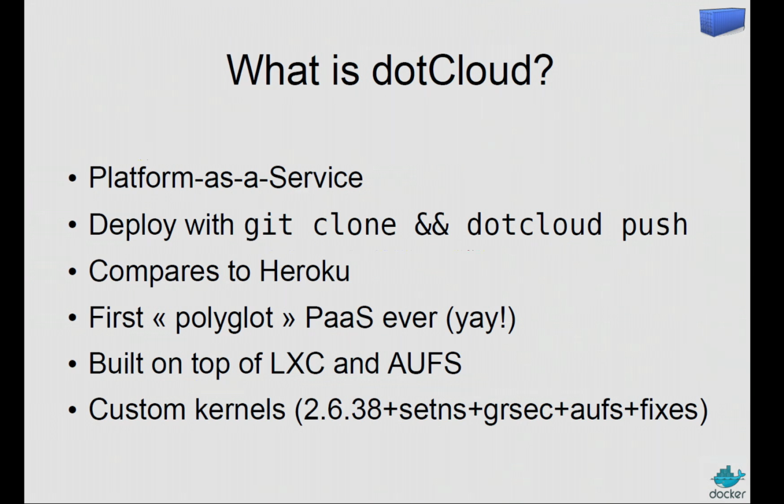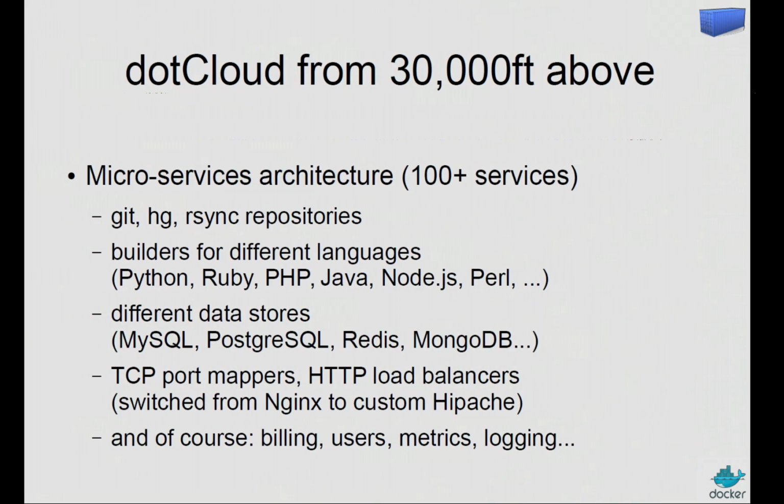So we were using custom kernels, so it was not something that you could install on your machines. We were operating that on our own fleet of EC2 instances with those custom kernels that were extremely painful to maintain and upgrade. We had a ton of patches on top of that so that the container technology and all that came around it could work properly. So it was extremely custom.